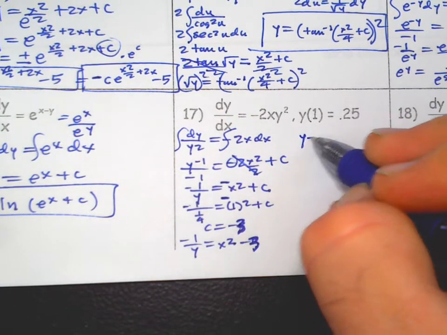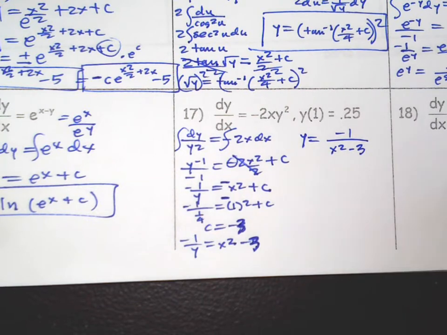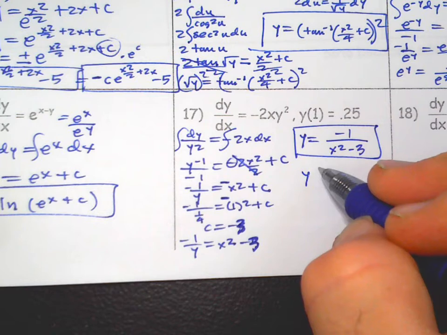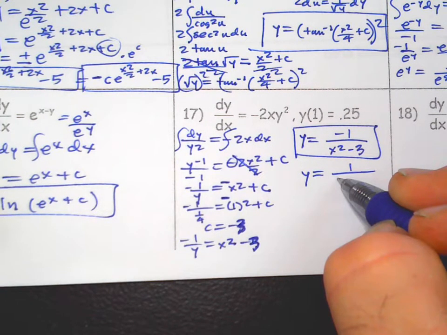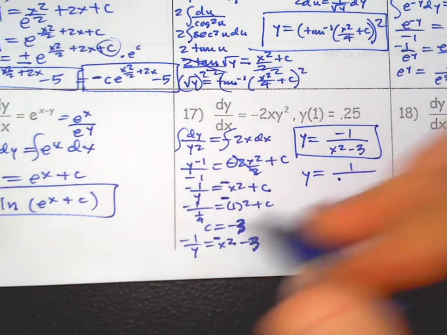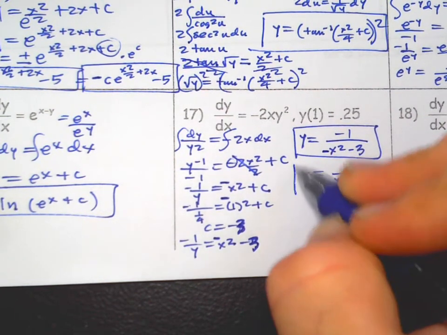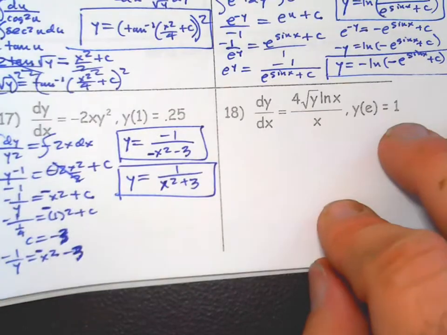Flip both sides. Get rid of the negative. So it could be that. Or it could be... Keep losing that negative. Or it could be that. Okay, one more.